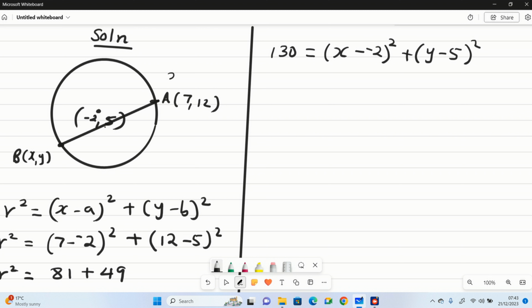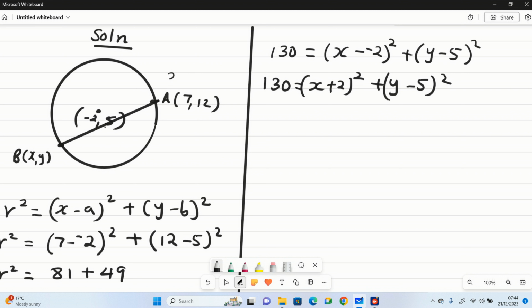Guys, please understand that (-2, 5) is this one here: this is negative 2 and this is the 5. Then (x, y) is just the general point on the circumference. It can be any, so we don't use the values of x and y, but we use the variables themselves. So we'll end up having 130 equals (x plus 2) squared plus (y minus 5) squared.